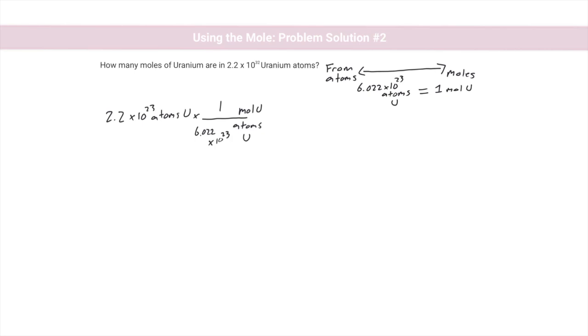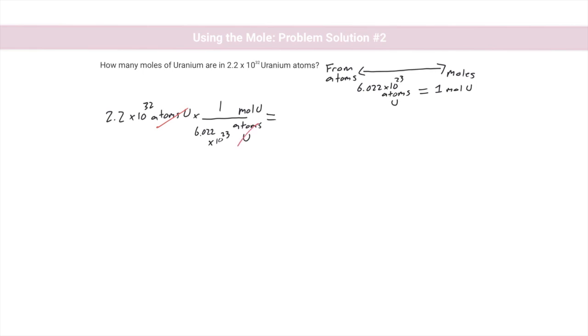Whoops. I made a mistake here, and I think you may have caught it. We can see that it's actually to the 32 for our uranium atoms. We should always be checking ourselves as we're doing these problems, making sure that we're doing everything right. Make sure our units cancel out, so we've set everything up properly.